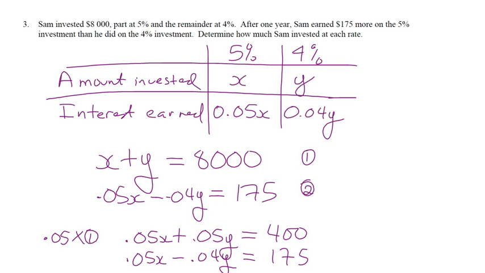And 275 minus 100 is 175. Okay, so the numbers work, right?